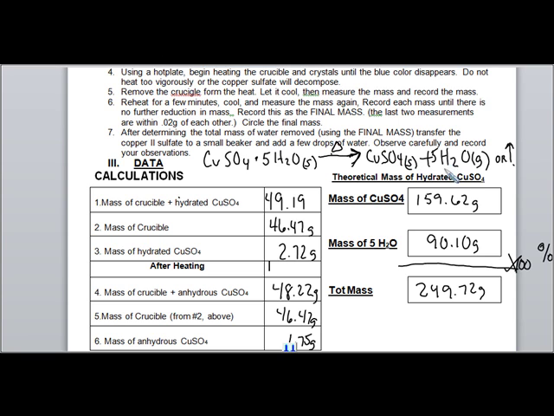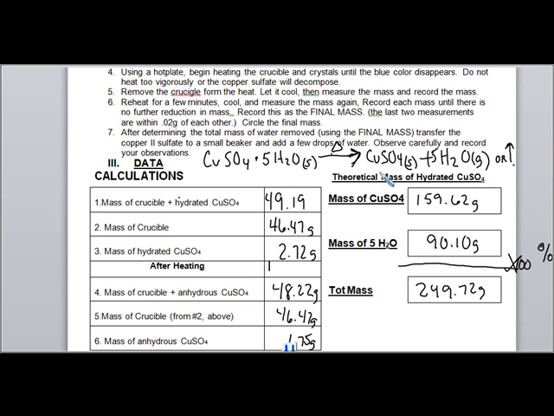The kinetic energy increases to the point where the water molecules are literally shaken off the crystal, and they evaporate away, okay? So you're left, if you've done this perfectly, which is impossible, with nothing but copper 2 sulfate. Anhydrous or dehydrated copper 2 sulfate.